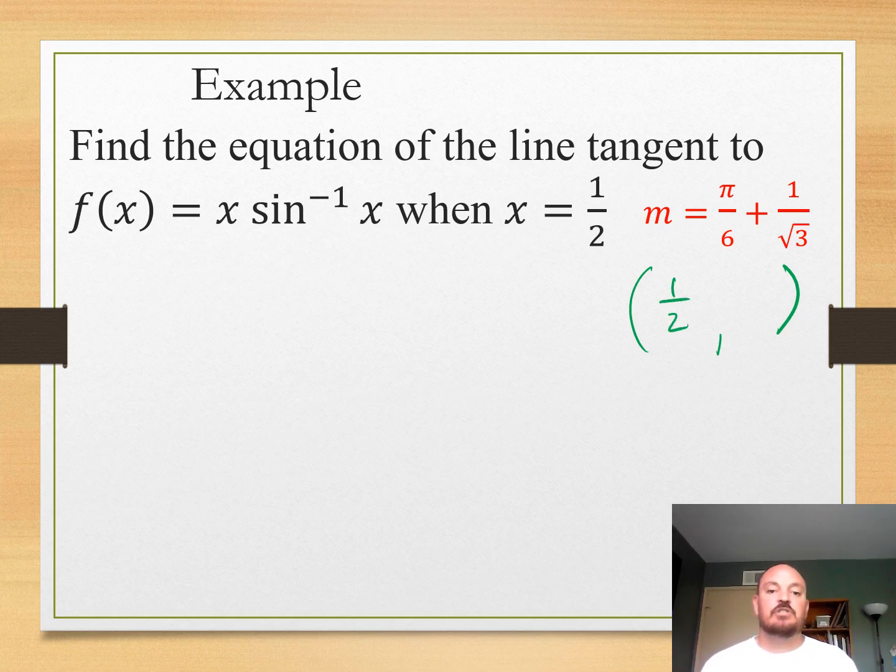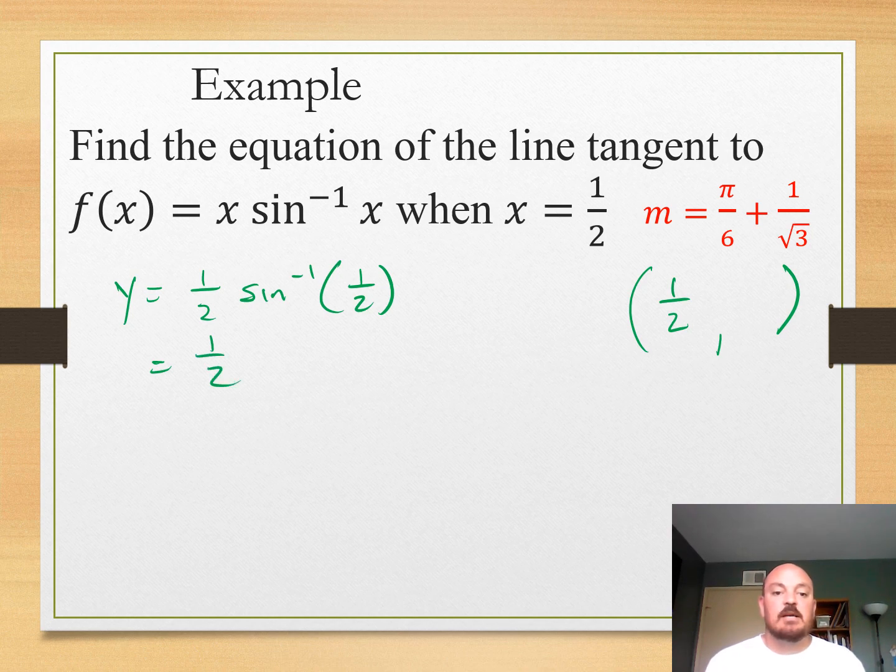That was given in the question. To figure out the y value, you go back to not the derivative, but the original question. You plug 1/2 into that. So we have 1/2 inverse sine of 1/2, which would be 1/2 times, we already figured out the inverse sine of 1/2 is pi over 6. And 1/2 times pi over 6 is pi over 12. So that's what's going to go here.